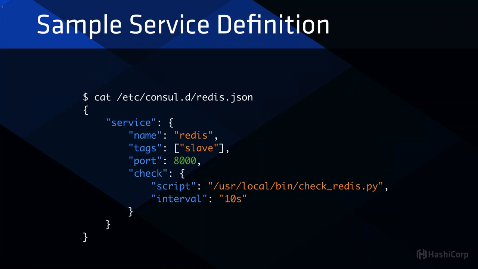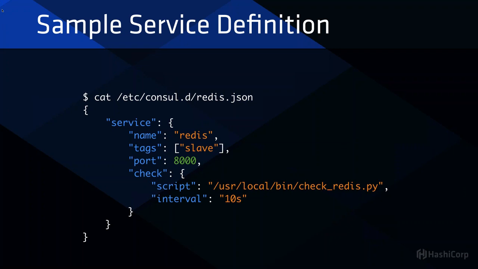So here's a very basic service definition. I'm not going to go through this in tons of detail, but it gives you an idea of how you'd register a service with Consul. In this case, we've got a Redis service that we've registered. We've given it the name Redis. Consul has the concept of tags, so you can use those to look up.